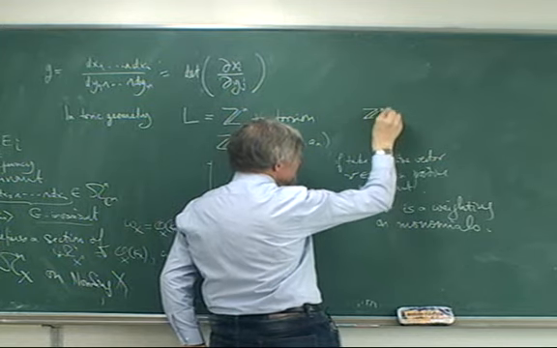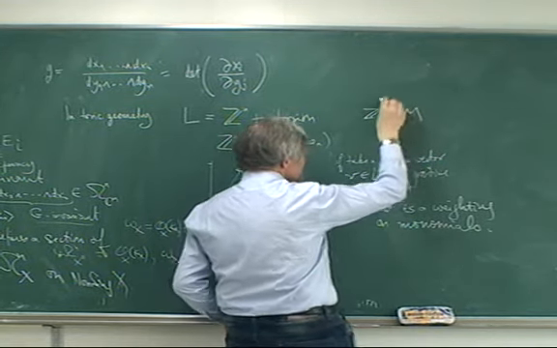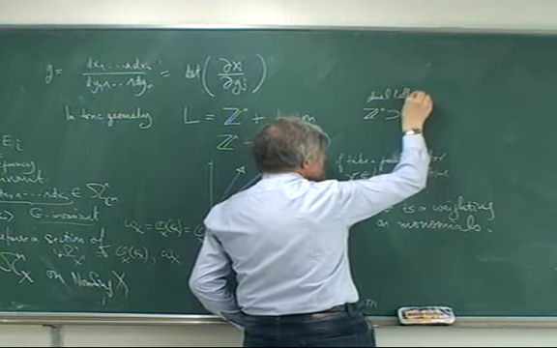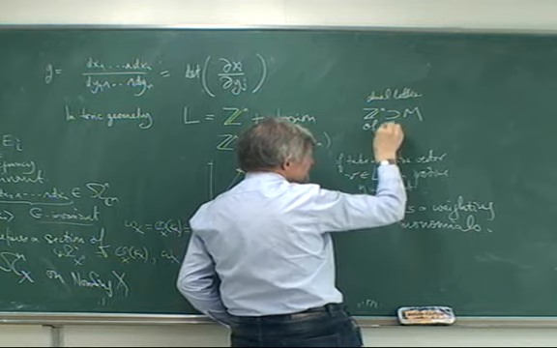So Zn contains M, the dual lattice of invariant monomials.